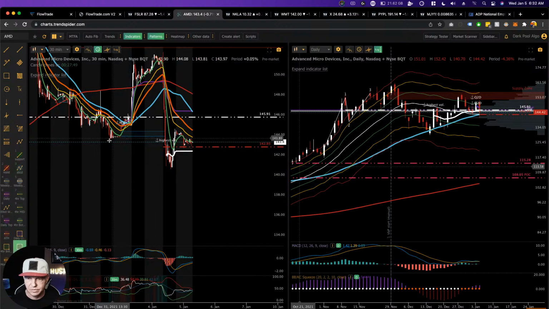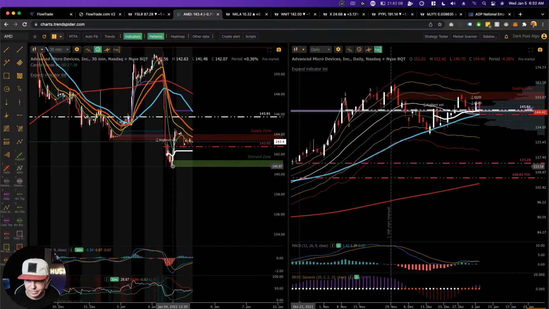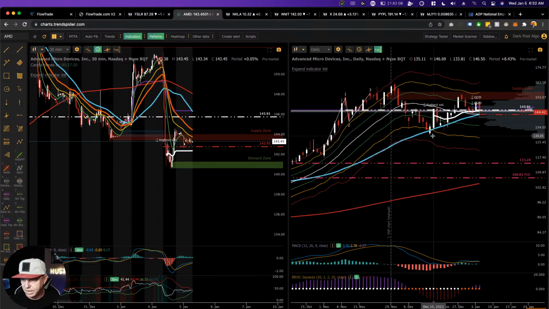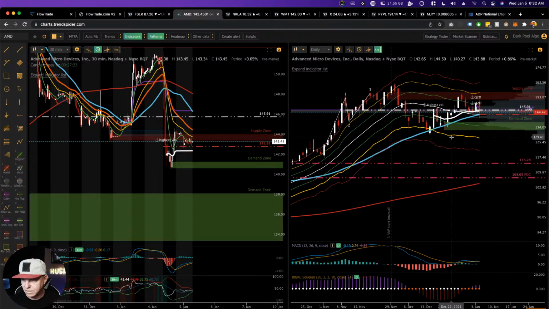So this old demand zone is now a supply zone, right? We have a new demand zone there. We have a longer term demand zone there. That's a big one, right?